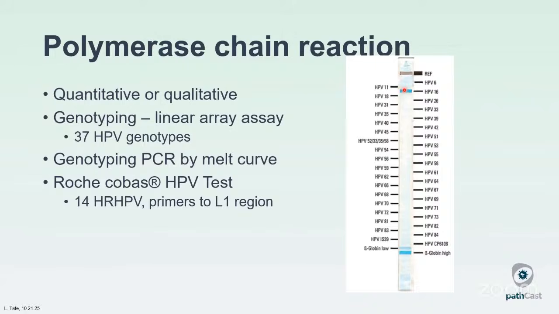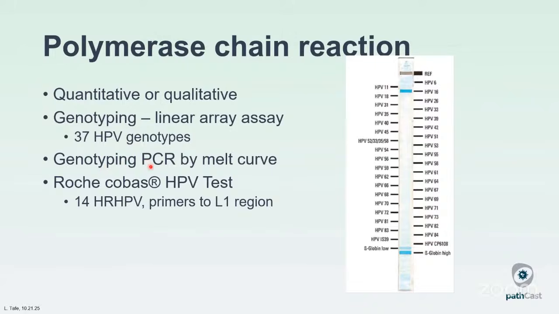And then up here at HPV16, that's where the indication of that viral genotype is highlighted. So sometimes we would see mixed infections. That was really not uncommon to see, but this is one mechanism of genotyping.